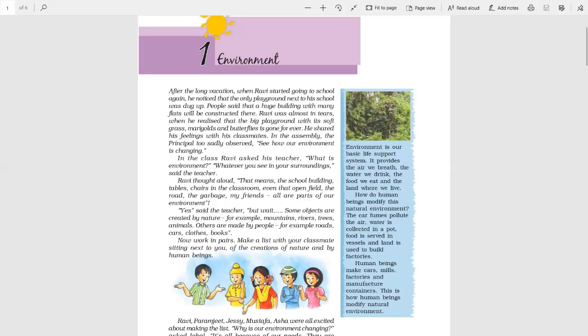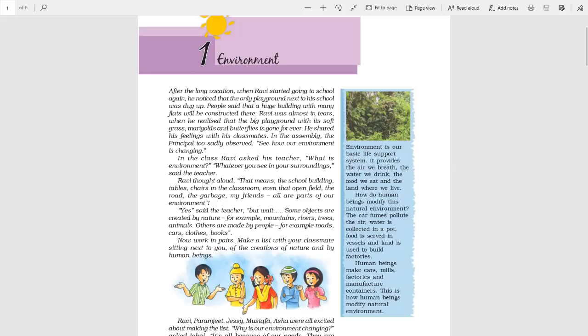Okay, students. Now again there is a blue box on the first page. Let's go to it. Blue box. Environment is our basic life support system. It provides the air we breathe, the water we drink, the food we eat, and the land where we live. How do humans begin to modify this natural environment?